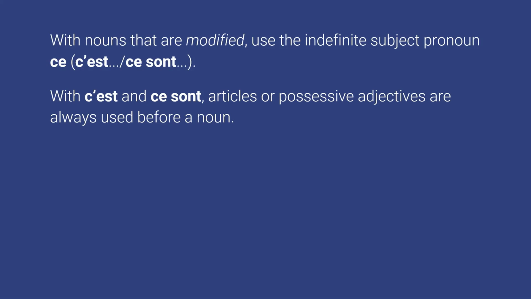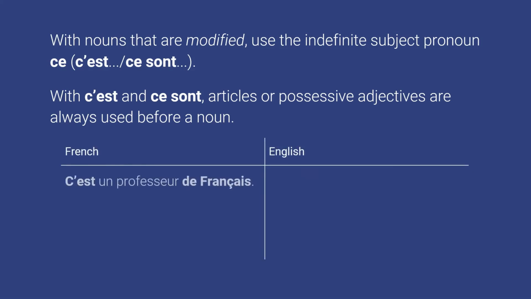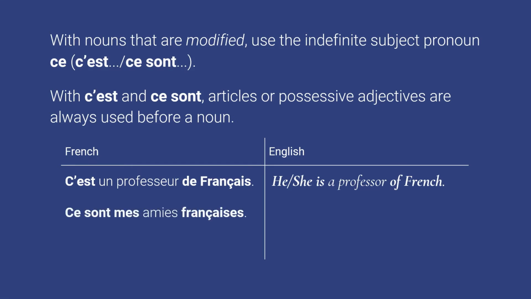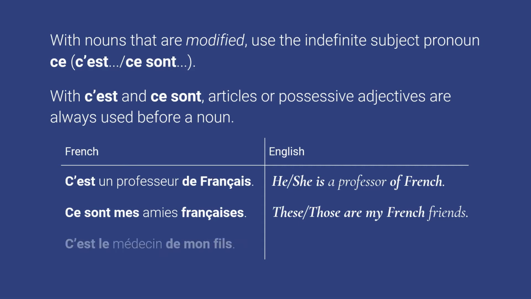At times, the context will identify the person. For example, c'est un professeur de français. He, she is a professor of French. Ce sont mes amies françaises. These, those are my French friends. C'est le médecin de mon fils. He, she, that is my son's doctor.